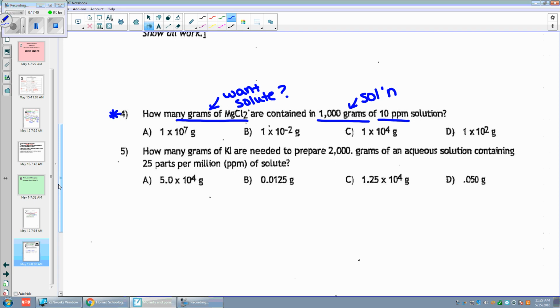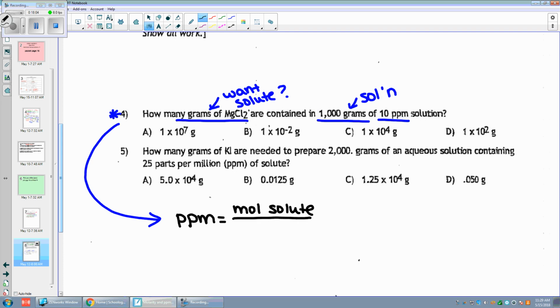So I'm going to set this up. I can still use this equation. I'll do it right down here. I know parts per million, ppm, equals my moles of my solute. Sorry, not moles. I'm tricking you. Mass. My mass of my solute over mass of my solution times a million.